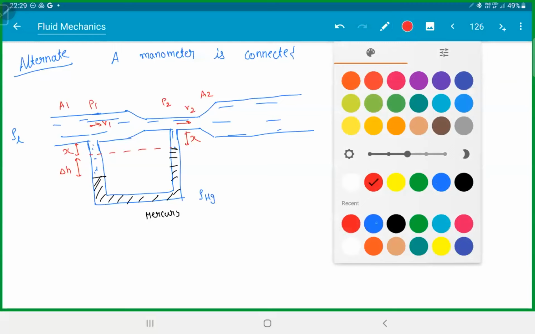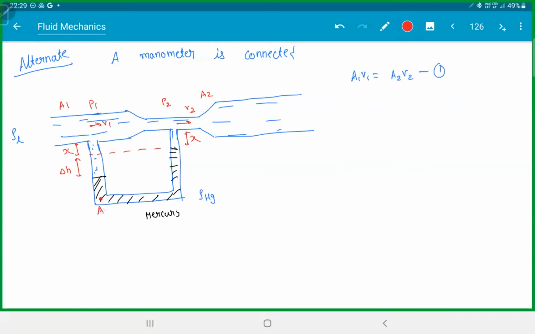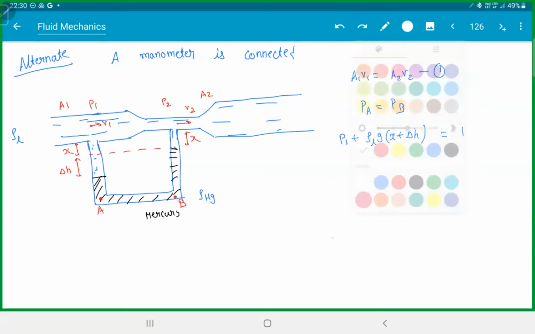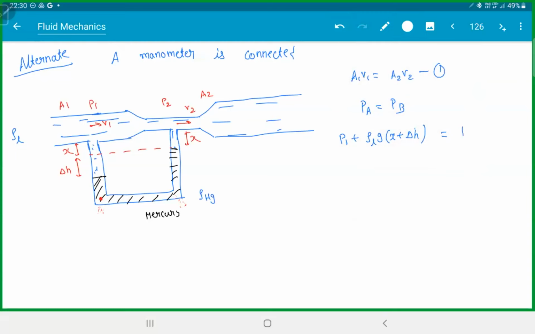Then, if you look at this point here, A and B, pressure at A is equal to pressure at B. That is nothing but P1 plus rho liquid g delta H should be equal to P2 plus, do one thing, don't take A and B here. So you're writing the condition for equilibrium. Write A and B here. Better.